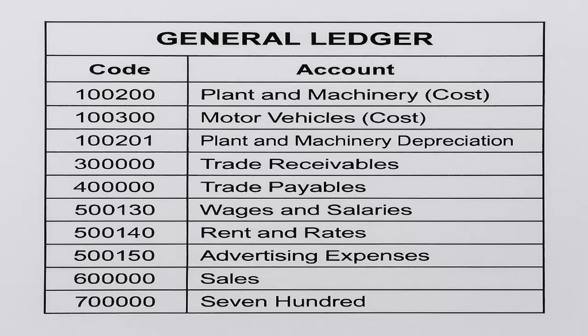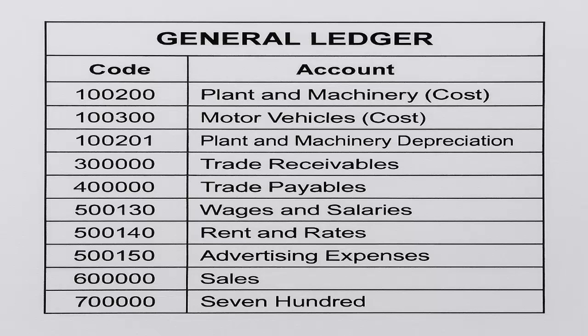Code 300,000 for trade receivables. This means money that customers owe the business. Code 400,000 for trade payables. This means money the business owes to suppliers. Code 500,130 for wages and salaries. Code 500,140 for rent and rates.